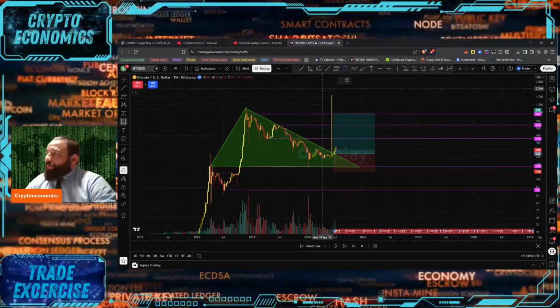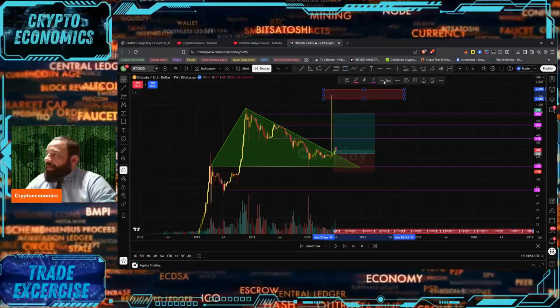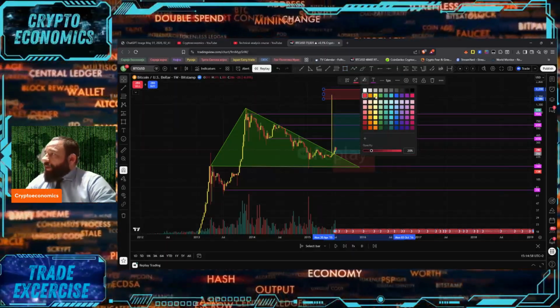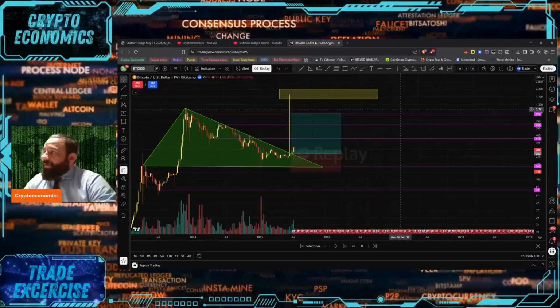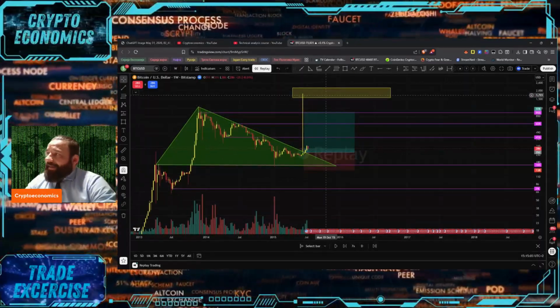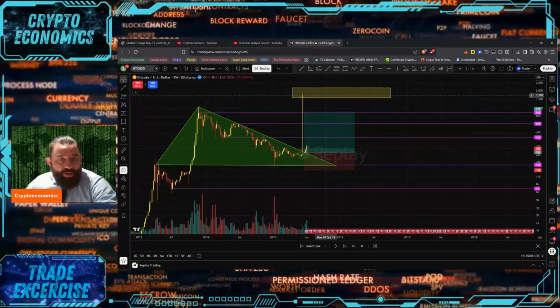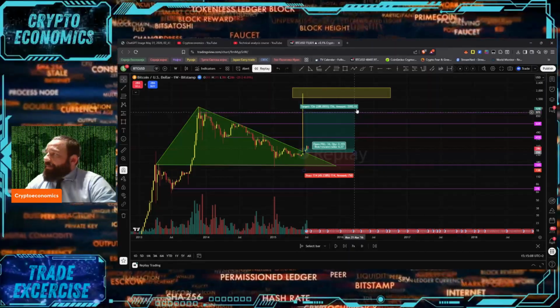This would be the actual target of a potential breakout from this triangle, the last target that it should reach from this particular position.